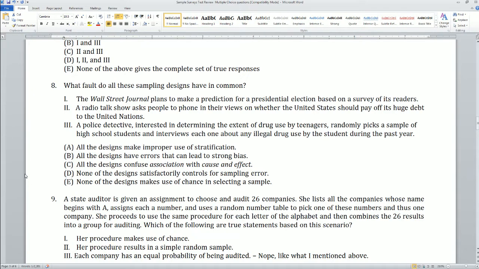Oh, like undercoverage, voluntary. Undercoverage. Why is it undercoverage? Because it's based just on the readers. So isn't that voluntary then? Yeah, correct. What about two? Voluntary, correct. What about three? Non-response. Correct. Response bias. Yep.